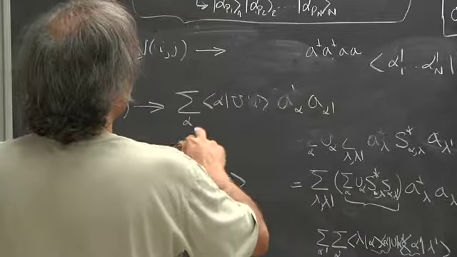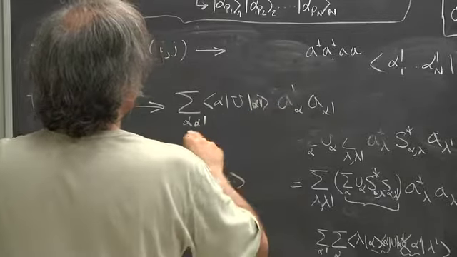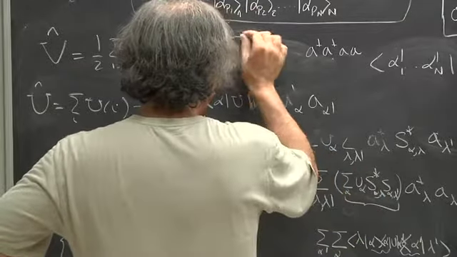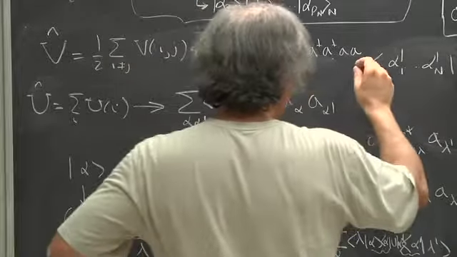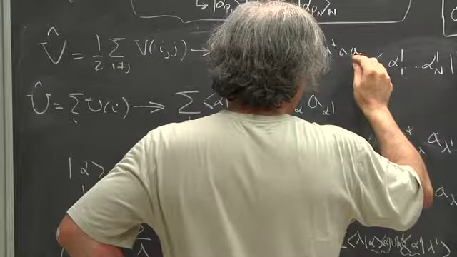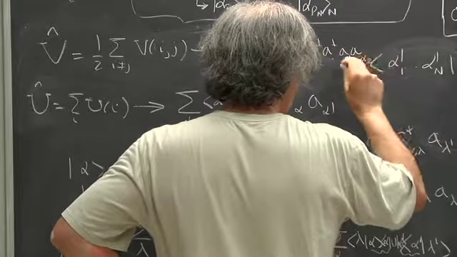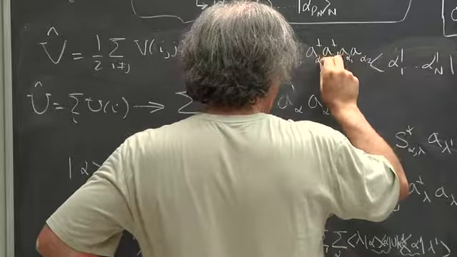So now, rather than a sum over alpha and alpha prime, in general you have to admit a sum over alpha 1, alpha 2, and then alpha 1 prime, alpha 2 prime.